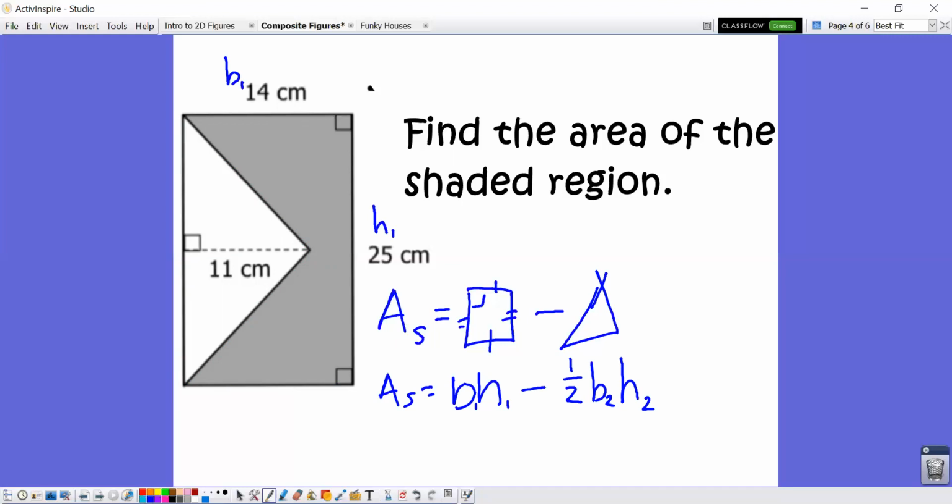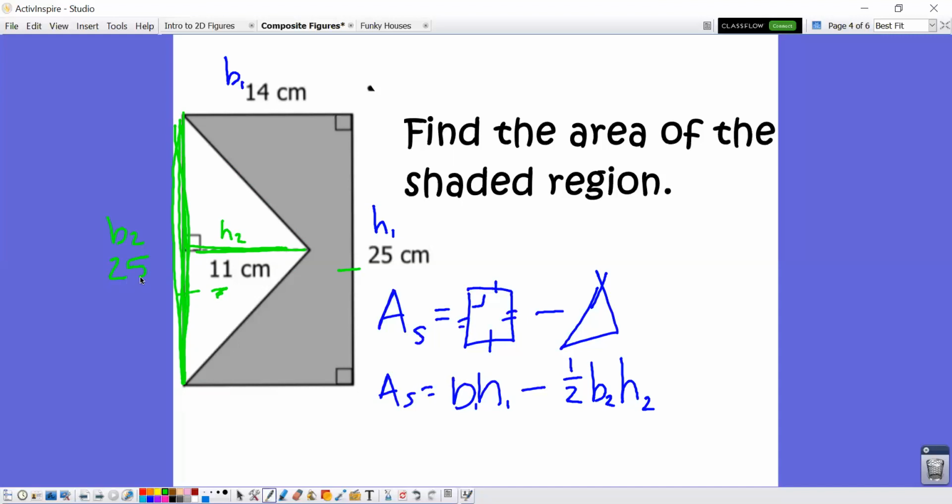Here's my H1 of my rectangle. But over here, the height of my triangle and the base of my triangle are a little different. My H2 is 11. And my B2 is this side. Because this is a rectangle, we know they're congruent, so this has to be 25.